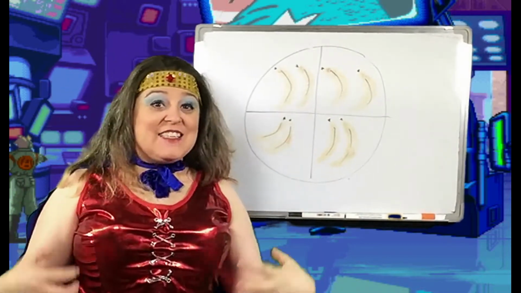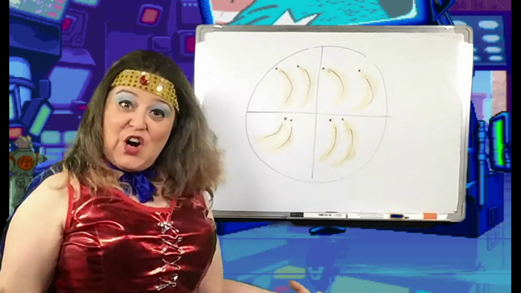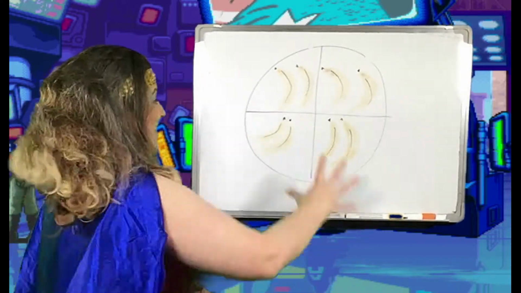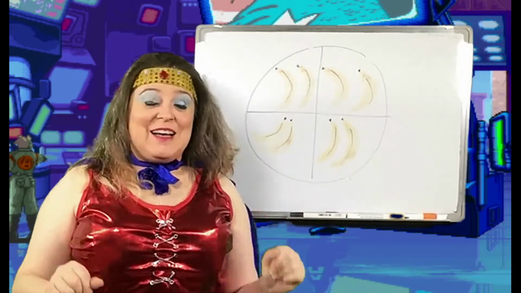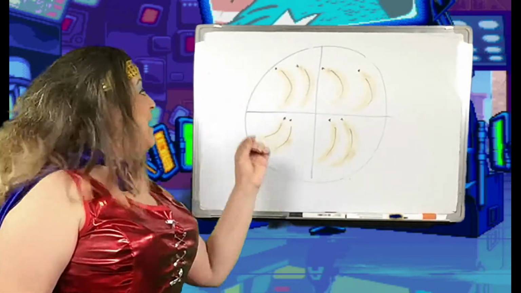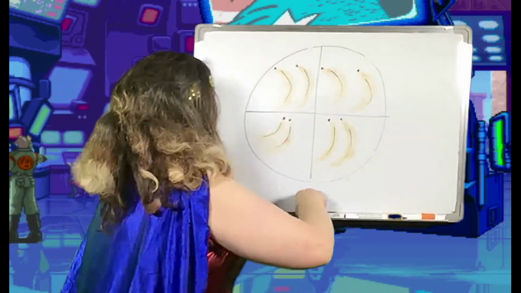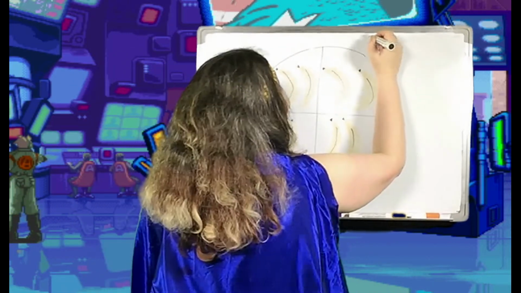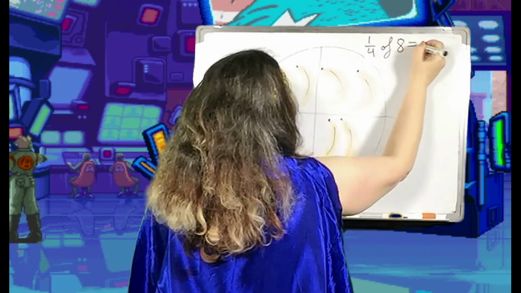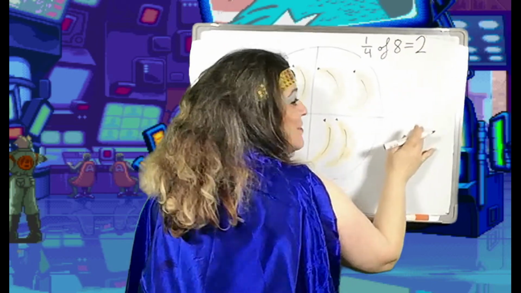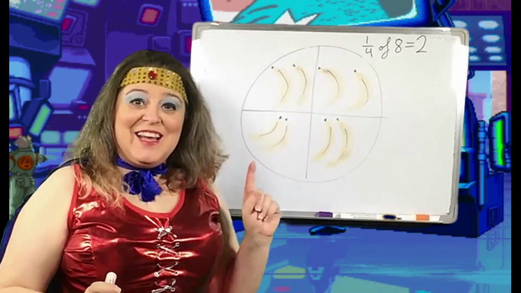How many bananas were in the whole bunch before I took the 2? That's right. There were 8 bananas. A quarter of 8 is 2. There we go.